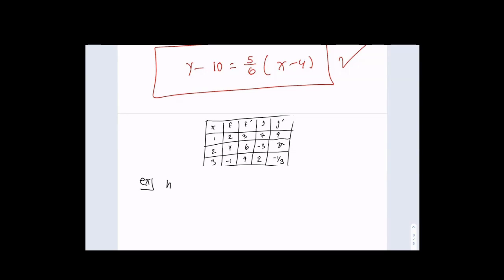Think we got time? Yeah, I think we got time for 2.